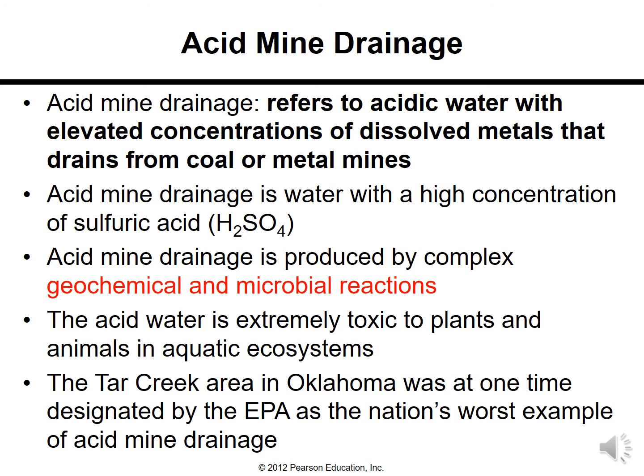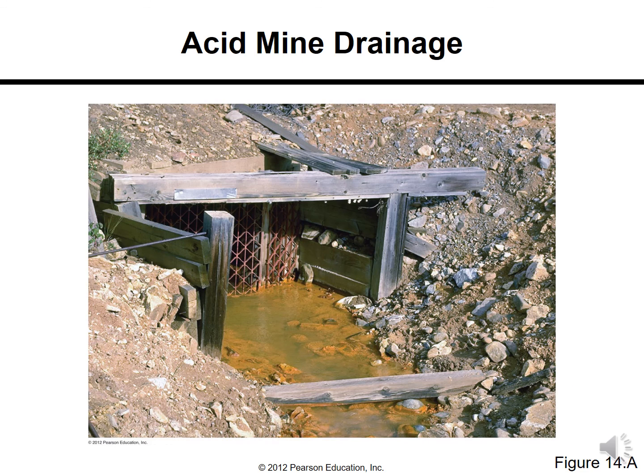The acid water is extremely toxic to plants and animals in aquatic ecosystems. The Tar Creek area in Oklahoma was at one time designated by the EPA as the nation's worst example of acid mine drainage. Here's the picture.